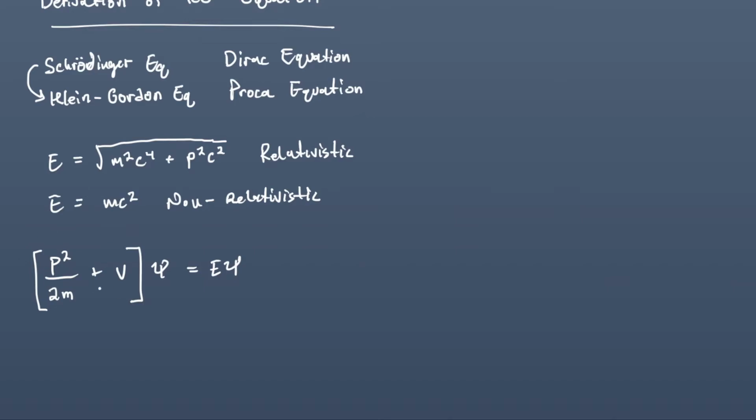Here E is the eigenvalue of our operator, and these are the eigenstates of our operator. Remember, the eigenstates are the things that remain the same when we operate on them, and we're just scaling them up by some number.